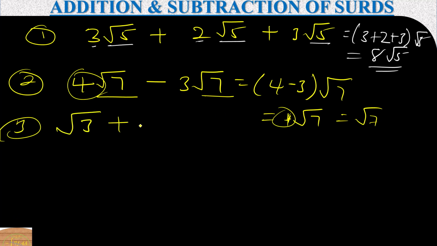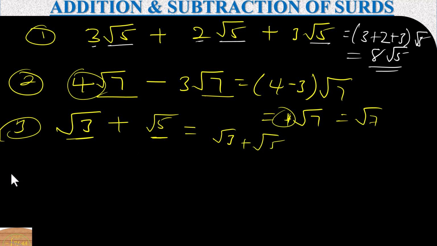So the next example is √3 plus √5. Now these ones are of different forms, so the answer remains the same. So we have √3 plus √5.